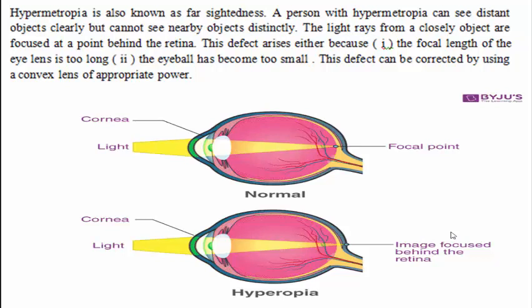This defect arises because the focal length of the eye lens is too long or the eyeball has become too small. This defect can be corrected by using a convex lens of appropriate power.